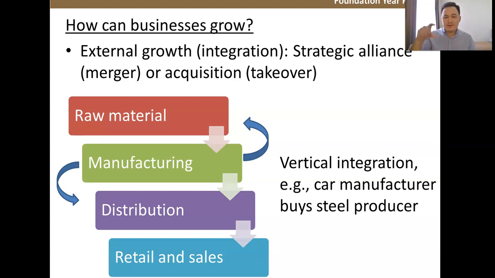So if a company, say in a primary sector business, buys out and acquires a company that is actually manufacturing and using its raw materials to further refine it, then that's going to be an example of vertical integration. But if a company buys another raw material extracting company, that's going to be an example of horizontal integration.